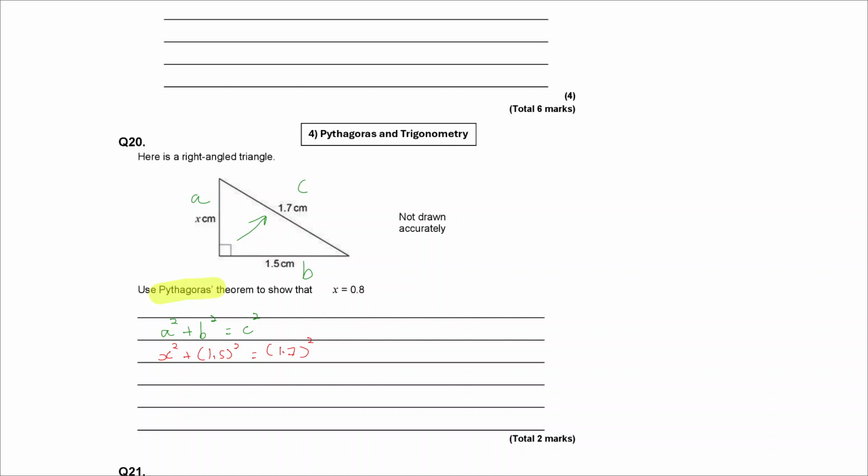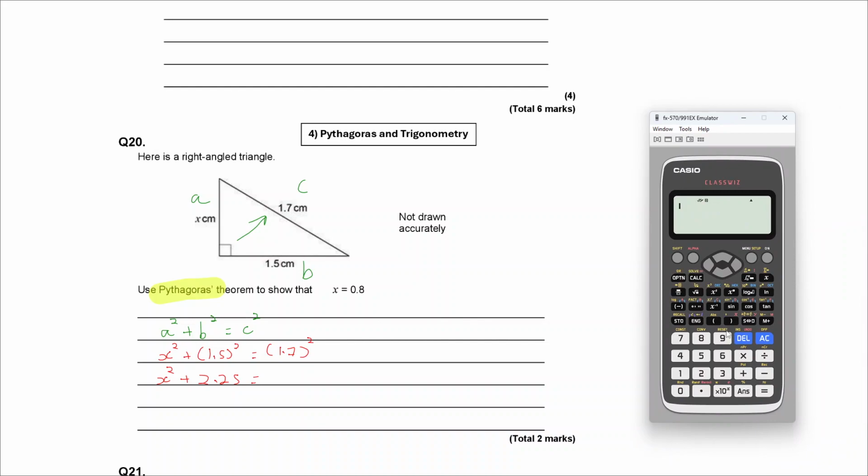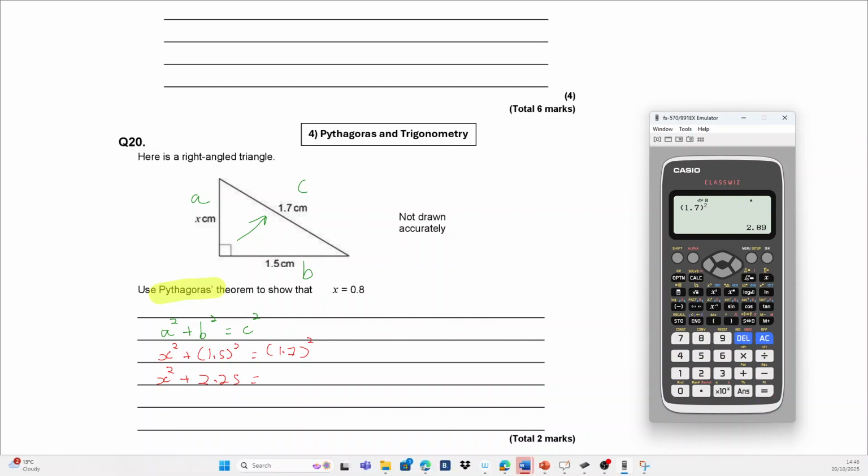Okay, now just kind of clearing everything up here, I've got x squared, 1.5 squared is equal to 2.25, and 1.7 squared, I've forgotten, I should know my 17 times table, but I've just forgotten it, so 1.7 squared, okay, so 1.7 and then squared gives me this 2.89, yeah, 289. That's good. So 2.89.